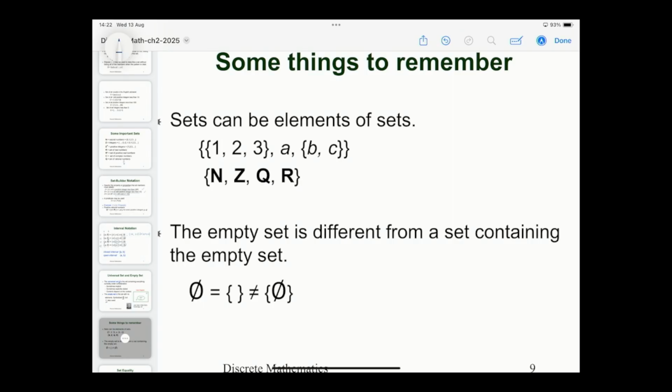We can have many different elements in the set, like in this example, some elements are numbers, some are letters, or like capital N, that's a natural number. This is an integer, this is a rational number and irrational number, or real number. These could be members in the set.